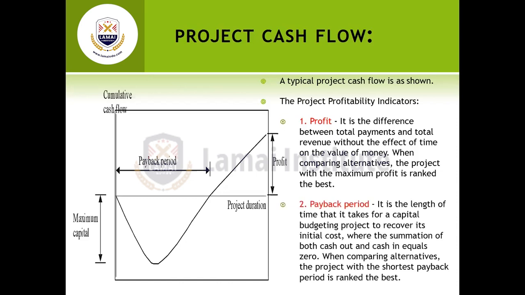Secondly is the payback period, which is the length of time that it takes for a capital budgeting project to recover its initial cost, where the summation of both cash out and cash in equals zero. When comparing alternatives, the project with the shortest payback period is ranked the best.